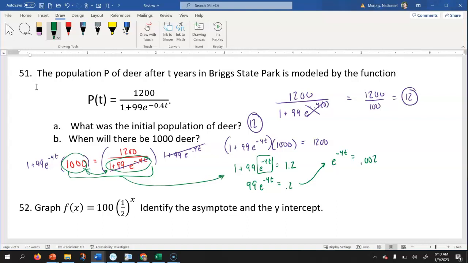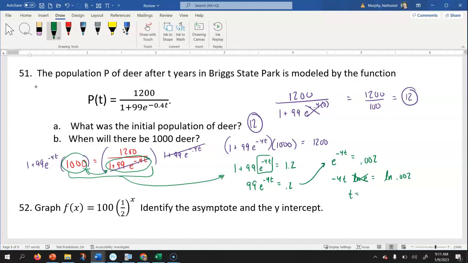And so again, this is an exponential equation. To solve this, we could either take the log of both sides or the natural log of both sides, but since we're dealing with a base that's e, Euler's number, it makes more sense to use the natural log. So I'm going to take the natural log of both sides. And remember, the natural log of e is just 1. So now I would have the natural log of 0.002 on the right.